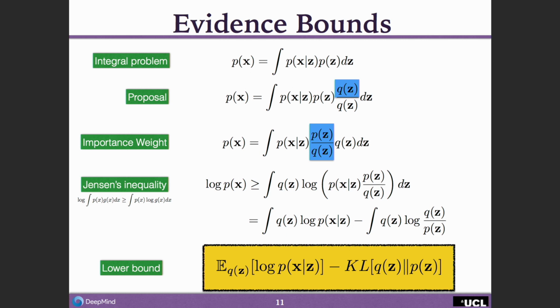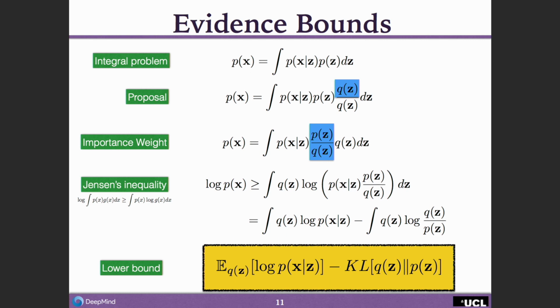When we did importance sampling, at this point we said we're going to solve the integral by using Monte Carlo integration, but now we're not going to solve the integral by Monte Carlo. We're instead going to apply Jensen's inequality. So we do this on the log of everything, so add a log on both sides. The log of p of x will be greater than the expectation under q of the log of this quantity on the inside.